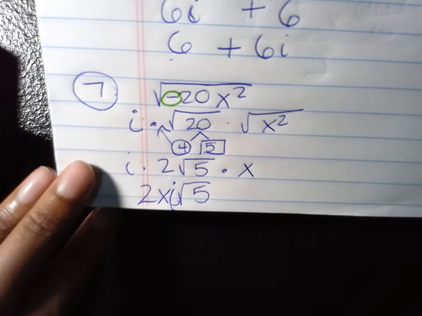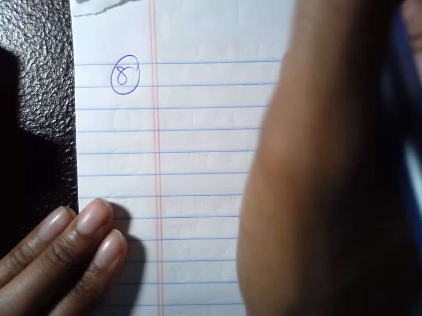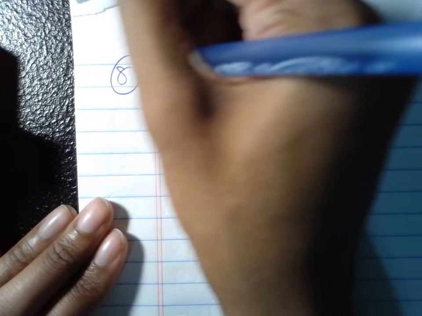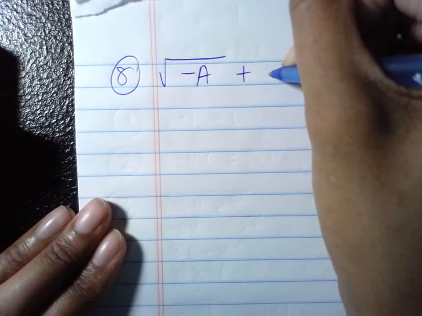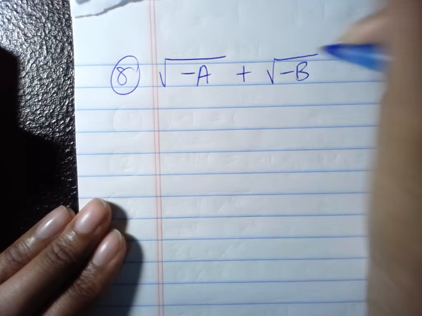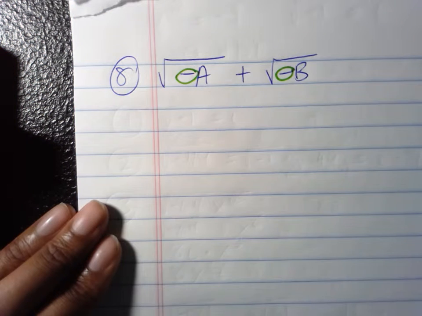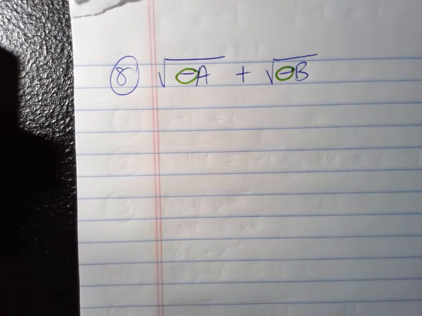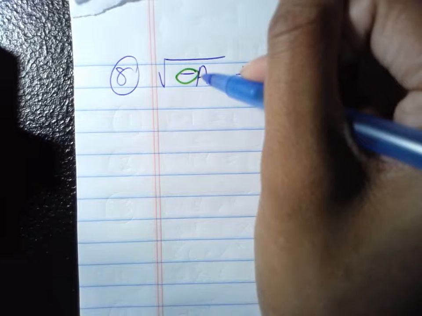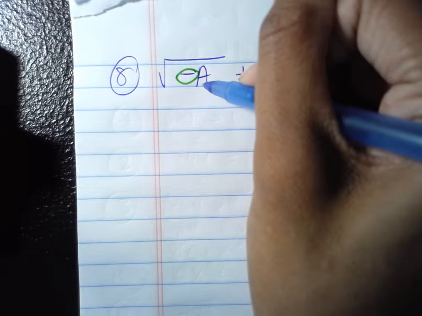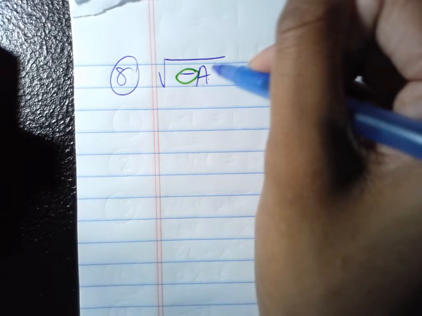Alright, so number 8, we have square root of negative a plus square root of negative b. All these, when you have a negative in the square root, you know there is an i. But we can't take square root of a. If it was like a squared, we could say it's a, but there's nothing we can multiply twice to get an a.